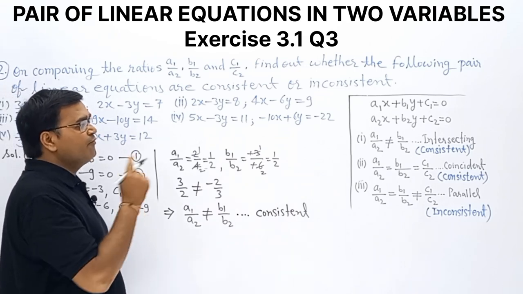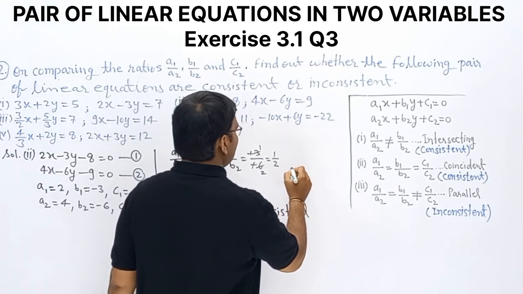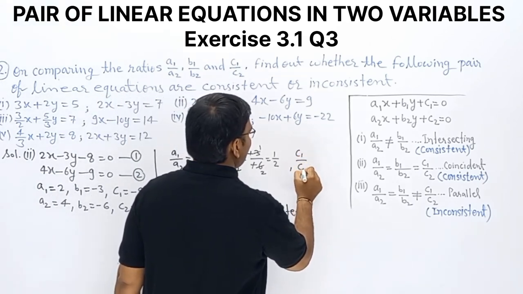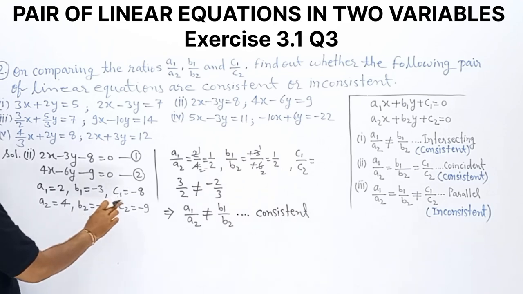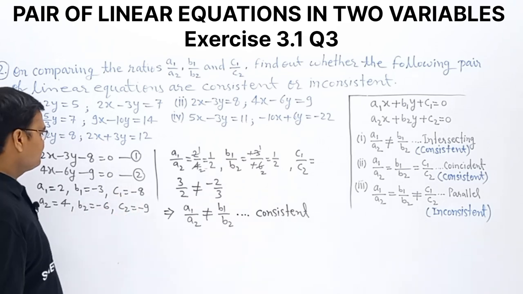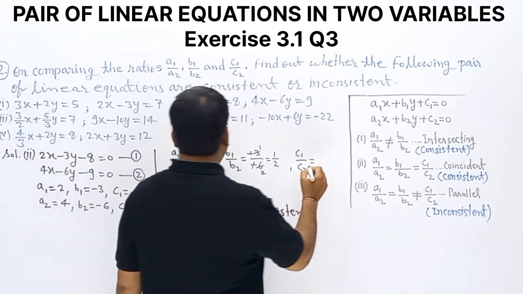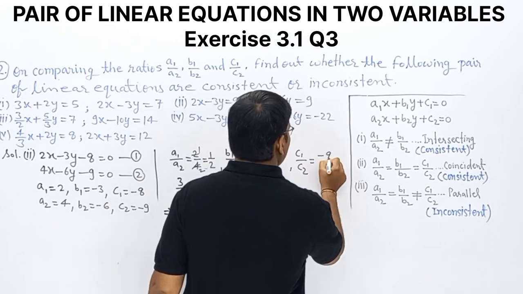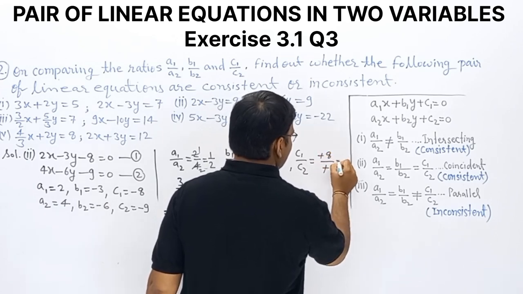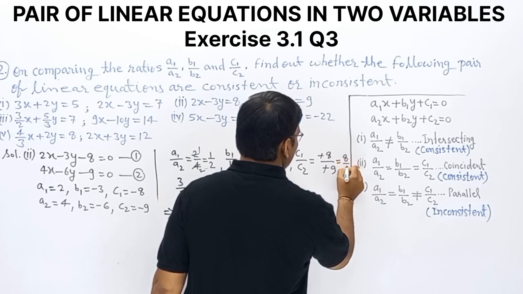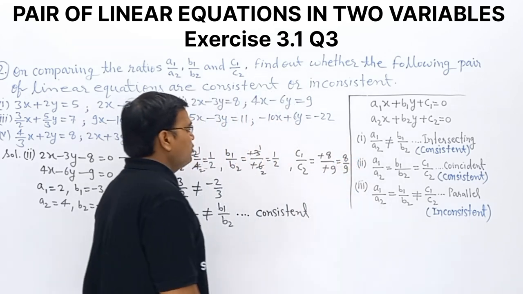So we should find the ratio of c1 upon c2. What will be the ratio? c1 is minus 8 upon minus 9. Minus and minus will be cancelled, and the result will be 8 upon 9. We cannot simplify.